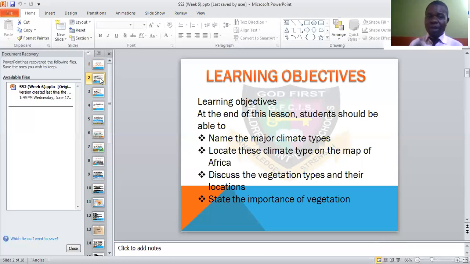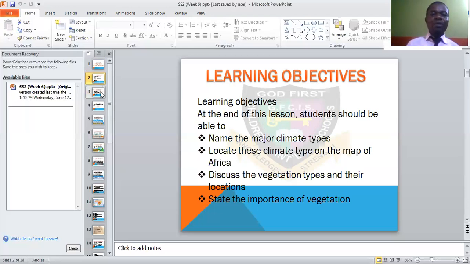Number three, discuss the vegetation types and their locations. Then number four, state the importance of vegetation. These are areas we need to look at today, where these vegetations are, what we gain from them, these zones we'll talk about, the vegetation in these zones.